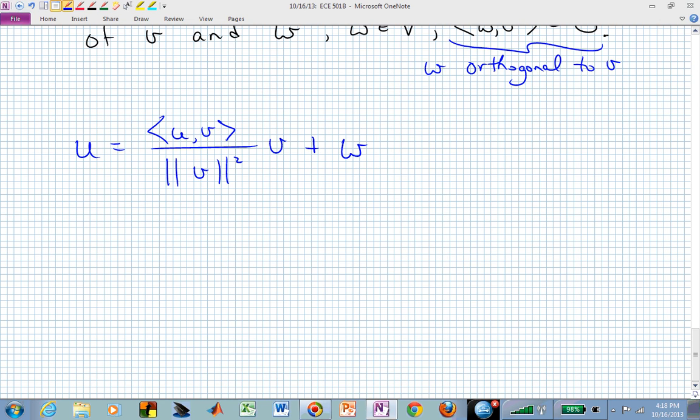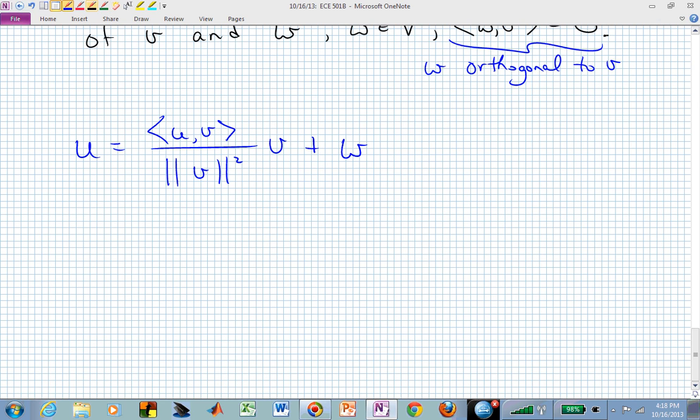Now just think of a squared plus b squared equals c squared. The Pythagorean theorem is valid for that. And you could think of u being c, and these other two parts are a and b. I'm kind of overusing a, aren't I? A was the coefficient, so maybe I should have named those differently. But I hope you know what I'm trying to say.